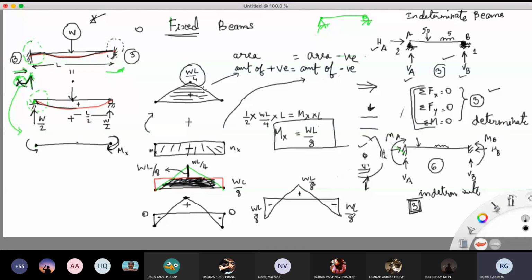If the sagging moment is so much, then the beam will fail, na?